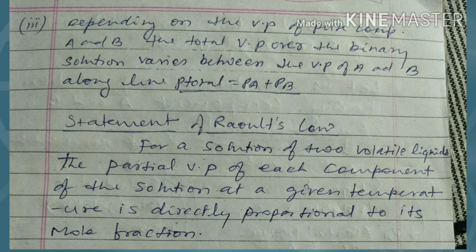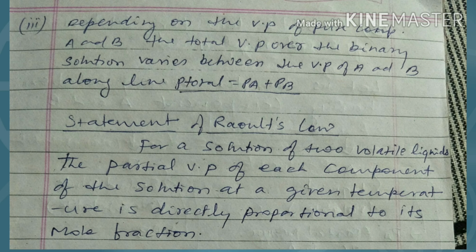Students, let us discuss point number 3. Depending on the vapor pressure of pure components A and B, the total vapor pressure over the binary solution varies between the vapor pressures of A and B along the line P total is equal to PA plus PB, as shown above in the two diagrams. Go through all the diagrams and you will understand points 1, 2 and 3.